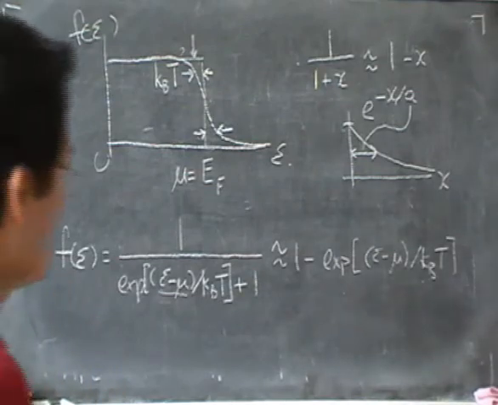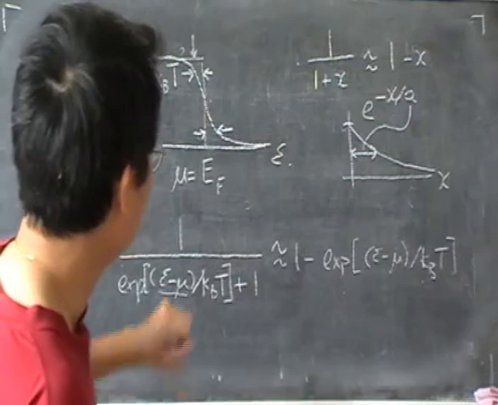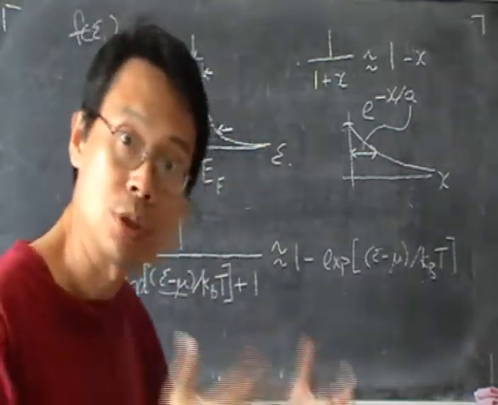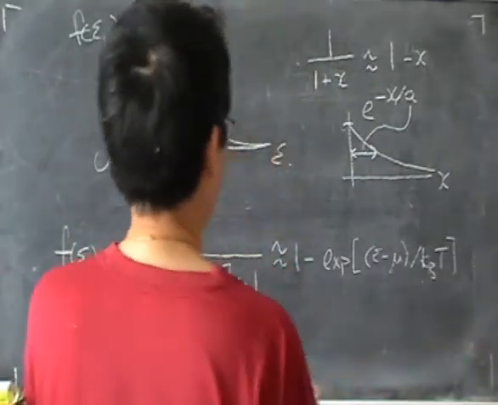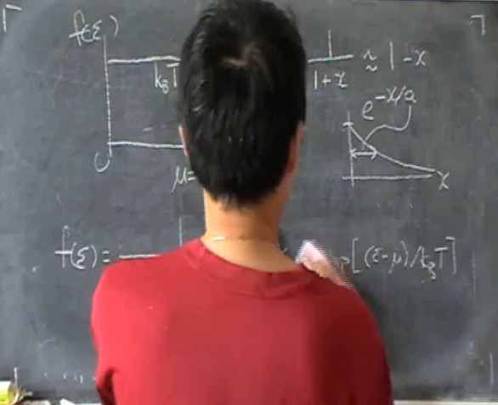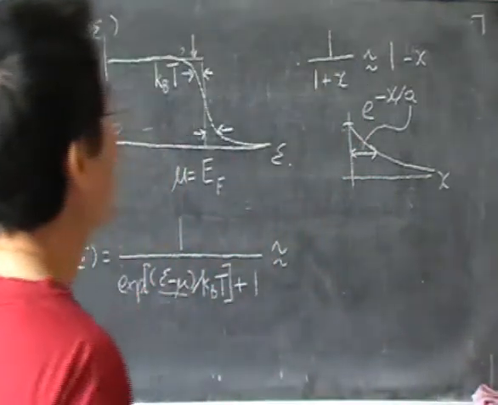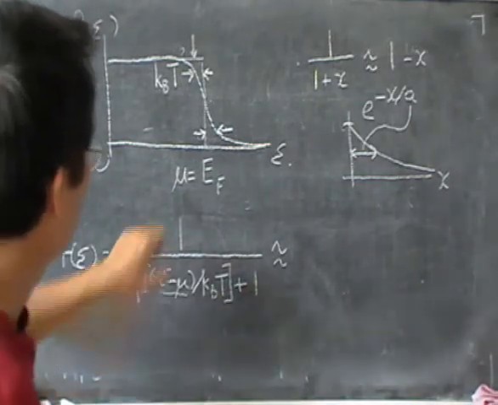Now the next thing we're going to do is apply this same idea to understand this curve which is just above the Fermi energy. Right, so let's do it.